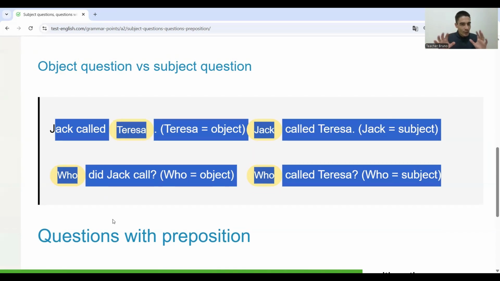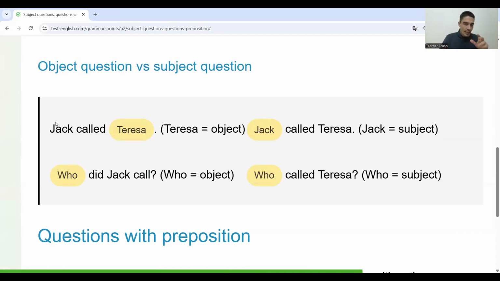Let's compare now these two types of questions. Let's take a look here. Jack called Teresa. Teresa is the object. Jack is the subject. Who did Jack call? Who is the object. Who called Teresa?